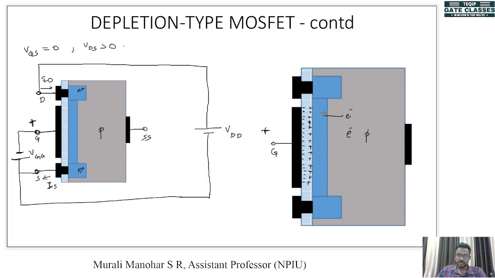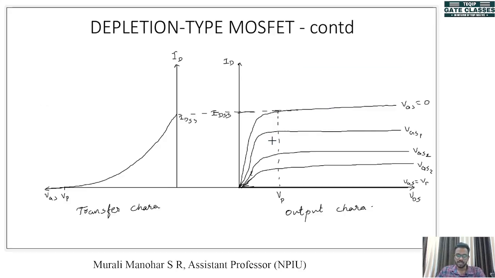So these electrons are getting accelerated and pushed into the n channel, and these accelerated electrons will collide with the electrons inside the n channel, and thus more and more free electrons are generated. So the number of free electrons will increase in the n channel if we give positive voltage to the gate. So if the number of electrons increases, what happens to the current?